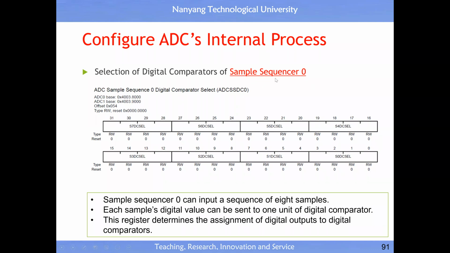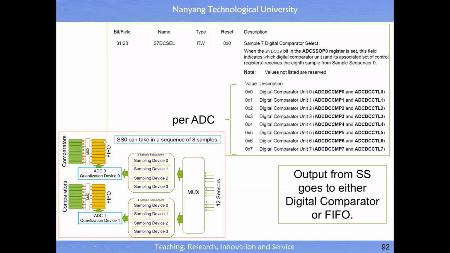Remember, jumping device number 0 can hold a jumper. So this jumper can be stored by one of these digital comparators. So this is a selection of which jumper from jumping device number 0, etc. You see, that means this can select whether inside here will hold the data from this device or not, from this device or not, or something like that. All right. So this is why you see all these selection digits, right?